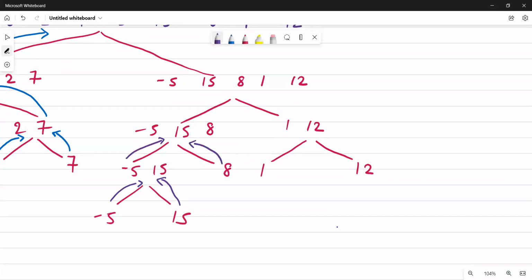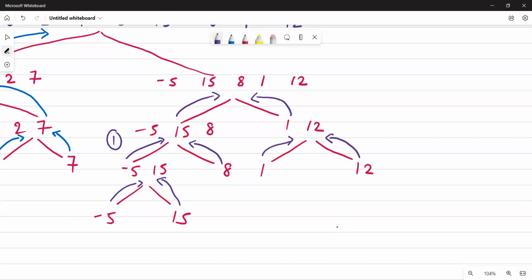So is minus 5 and 8 possible as a pair? Minus 5, 15 and 8, possible as a pair? Yes. So we will get 1 out of here. 1 and 12, is this pairing possible? No. We will merge them both.